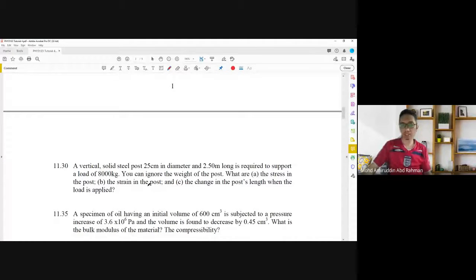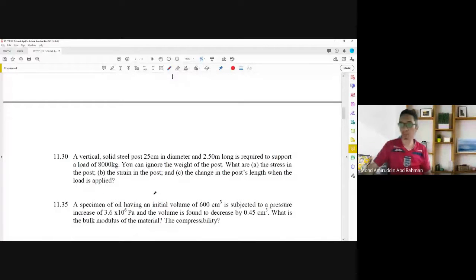And then C, the change in the length when the load is applied. The change of the length is the original length times the strain. The strain is how much is applied for you to deform the object.